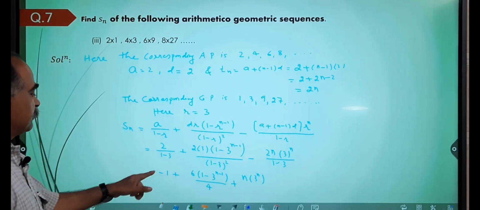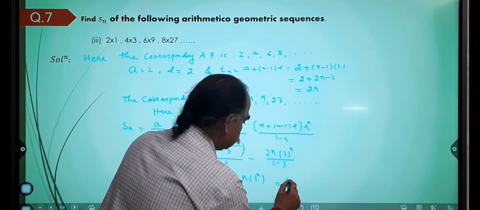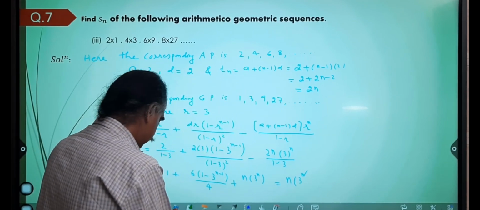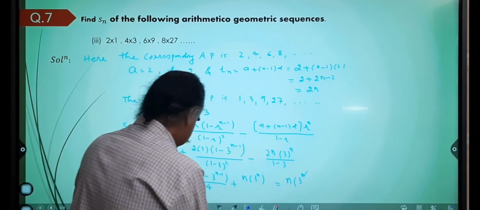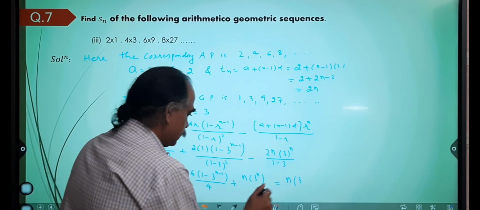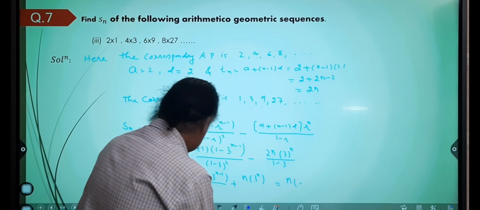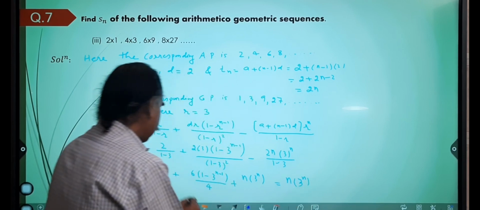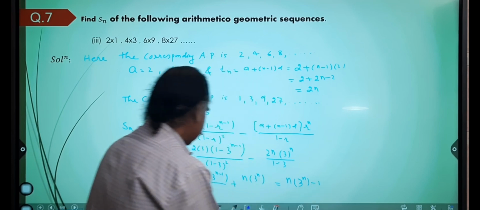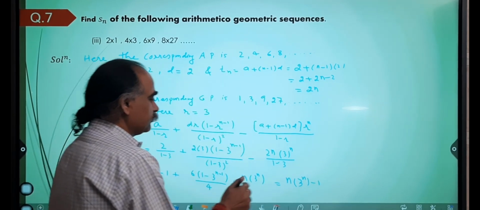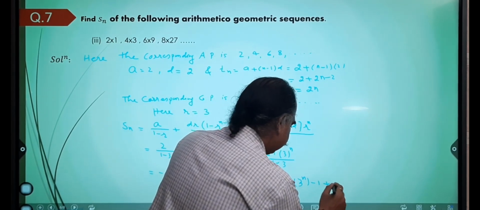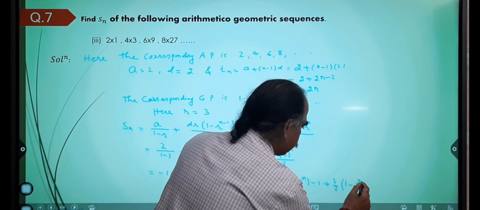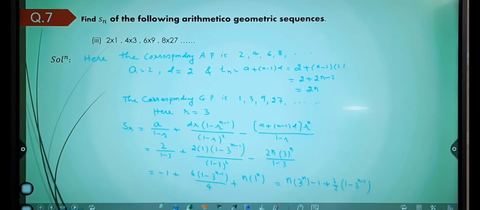This will give you n into 3 raised to n, minus 1, and 6 by 4 will give you 3 by 2, plus 3 by 2 into bracket 1 minus 3 raised to n minus 1 is the answer.